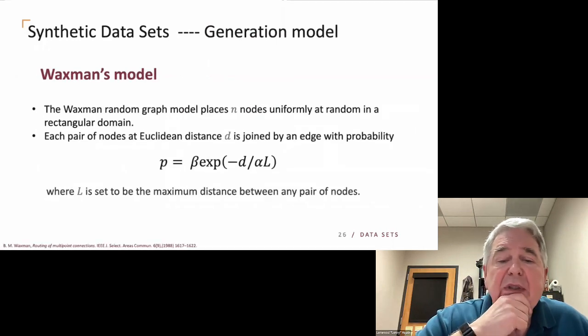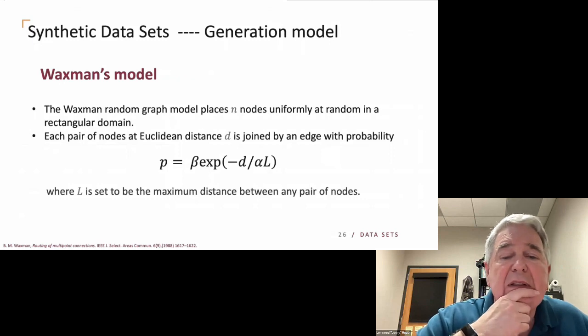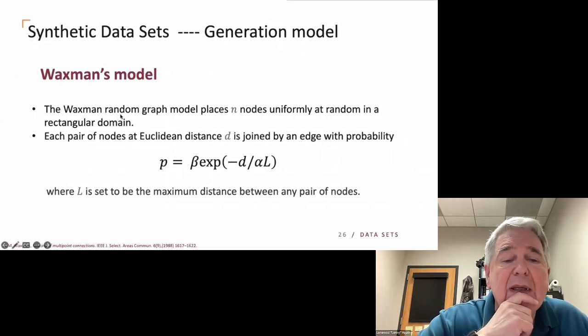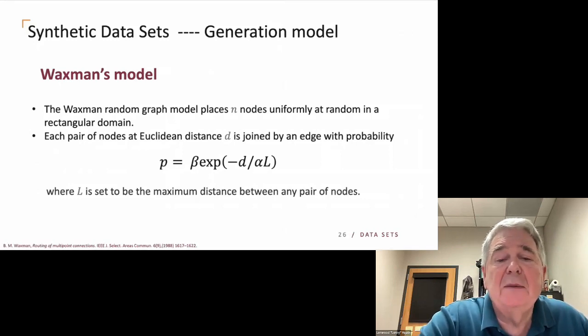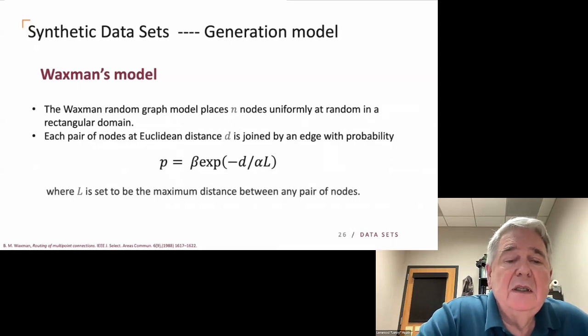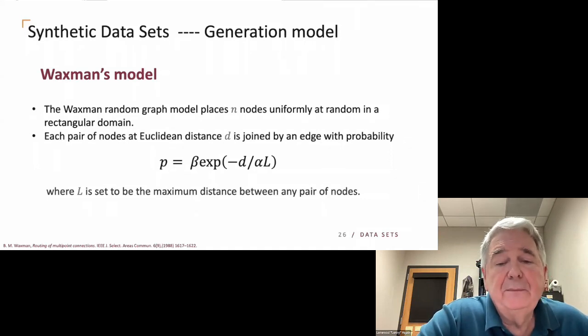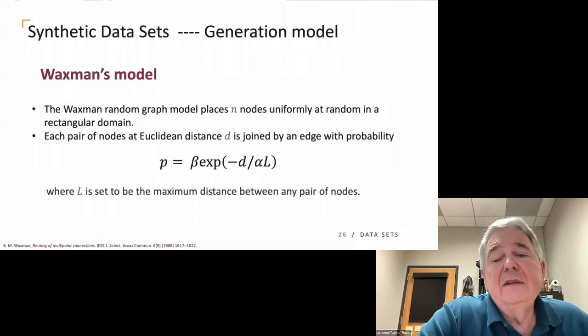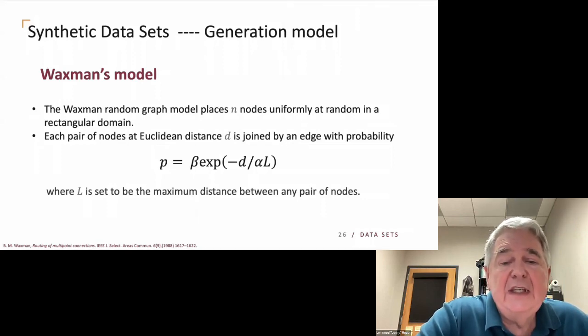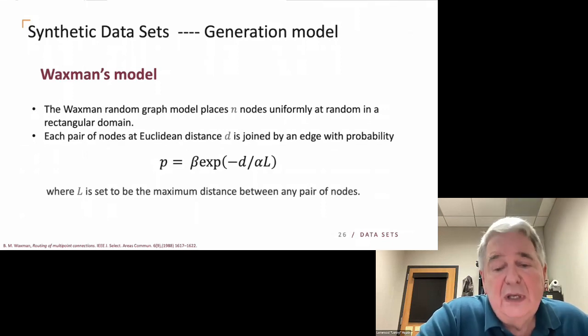Waxman's model was chosen, and it's not a normal model in most people's kit bag. It's a model that takes into account the geometry of the plane. So the idea is that a random selection of individuals, let's say n of them, is placed on the plane, and then each pair has a Euclidean distance between them. And the probability of there being an edge between two individuals is chosen according to this equation.